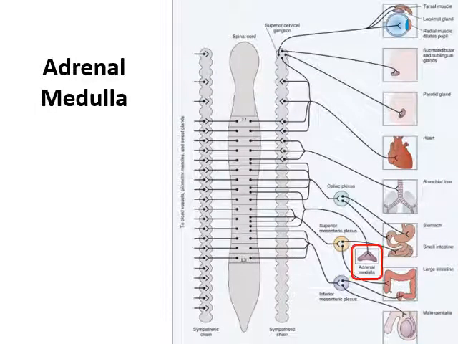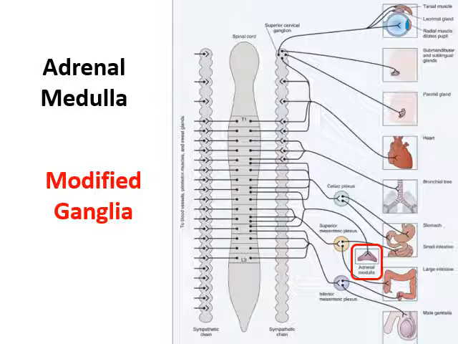The adrenal medulla is considered as a sympathetic ganglion in which the postganglionic cells or neurons have lost their axons. So there are no postganglionic fibers, and instead there is a secretion of catecholamines directly into the bloodstream. That's why it's called a modified ganglion. Note that the cholinergic preganglionic neurons of the lower thoracic lateral horn cell pass directly without relay to become the secretomotor nerve supply to this gland.